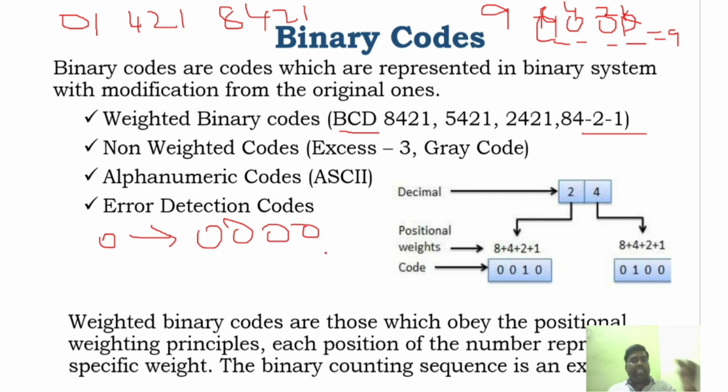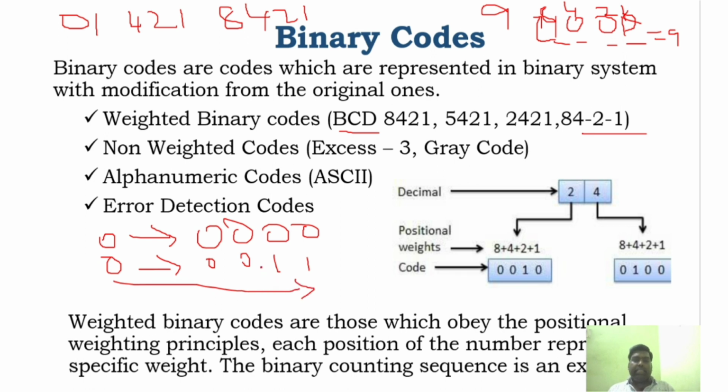So this is weighted binary code. Now for non-weighted code, for XS3 code, 0 will be represented as 0 0 1 1, that is excess of 3. I'll explain what XS3 code is later, but for 0 you represent it as 0 0 1 1.